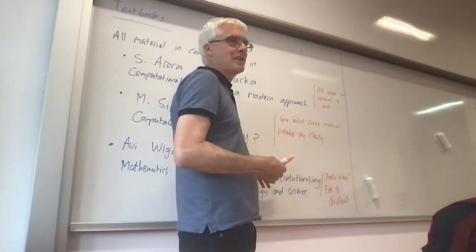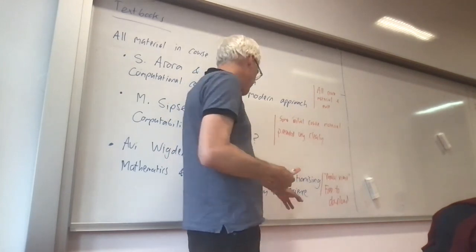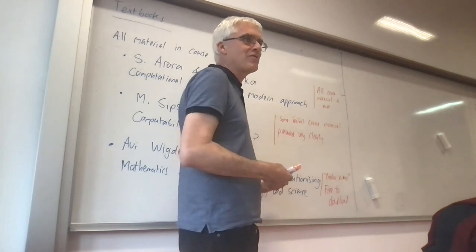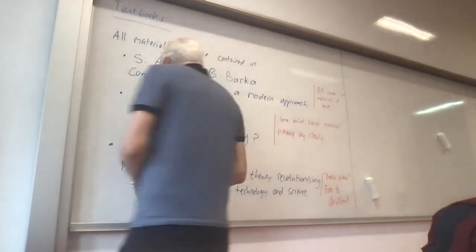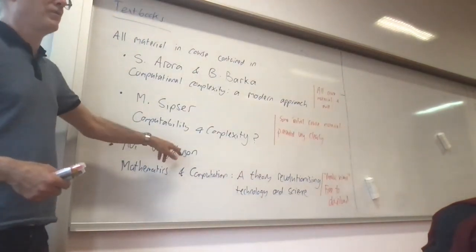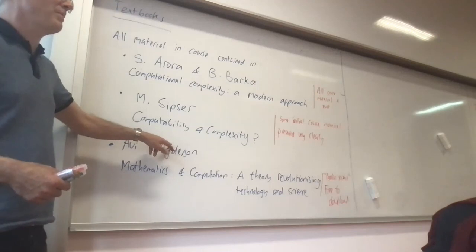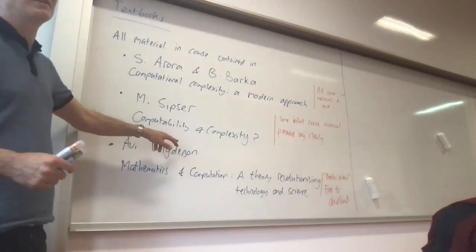I mean, he views it as a fundamental subject that underpins basically the whole of science and technology. So it's very interesting to read from that perspective. And the author, Avi Wigderson, has been one of the big contributors to computational complexity over the last 30 years.